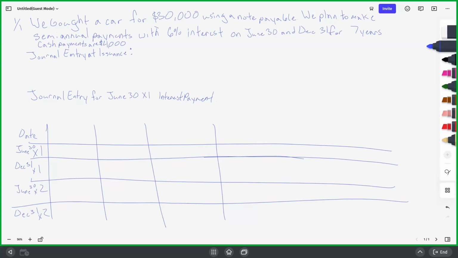You're on the perfect track, but I think relook at where you got that 900 from, and where that usually is. And how do you get your interest expense? So we did a calculation for that.